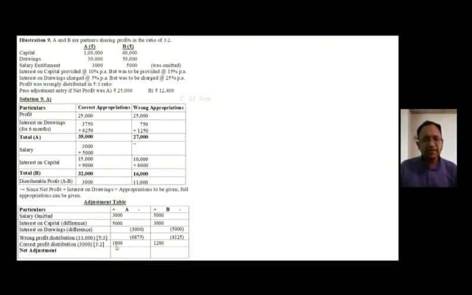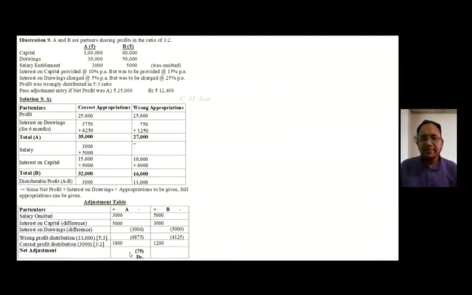So 9800 positive, 9875 negative. So the net amount is 9800 positive minus 9875. So net amount comes to be 75 negative. Means net 75 rupees we have to take back from it.